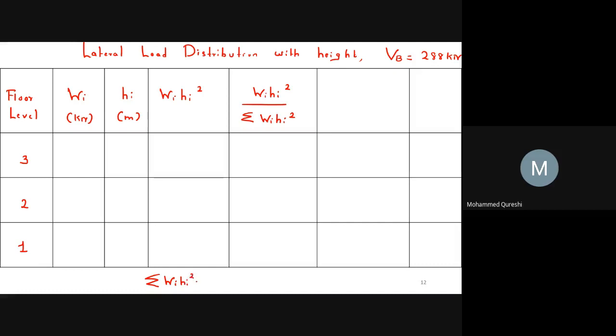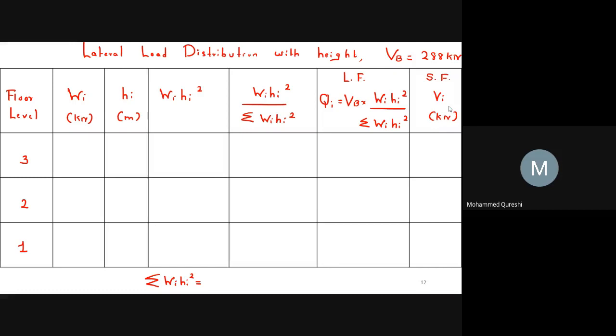Next, the lateral force that we have to calculate using the expression Qi equals VB into Wi Hi square upon summation of Wi Hi square. And lastly, we have to draw the shear diagram. Therefore, the shear force Vi in kilonewton.